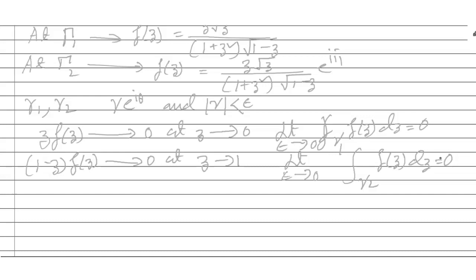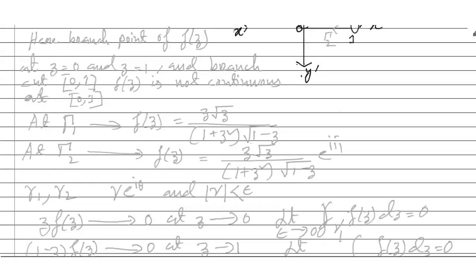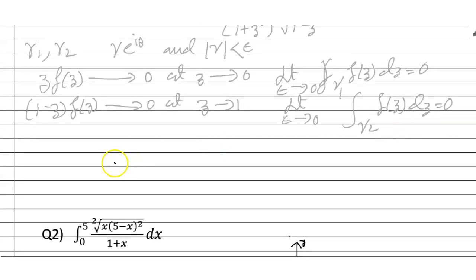So friends, we have integral from 0 to 1 of f(x) dx is equal to minus pi i times the sum of residues.